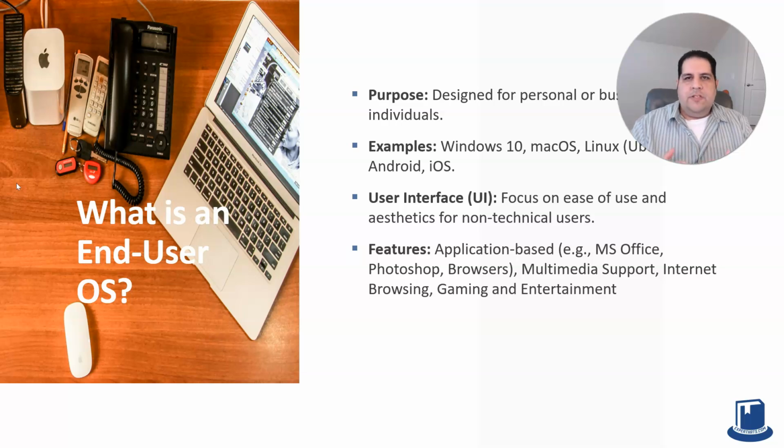And then there are different operating systems: Windows 10, Mac OS, even Linux, you can use Linux as an end user operating system, Android, iOS. And the visuals are really designed for non-technical users. This is where you can run all your typical applications, right? Microsoft Office, Photoshop, web browsers, et cetera.